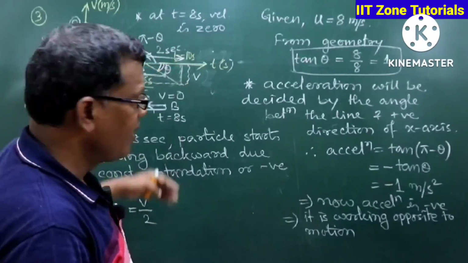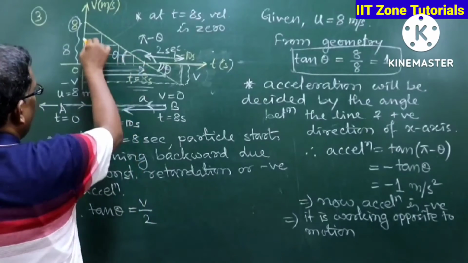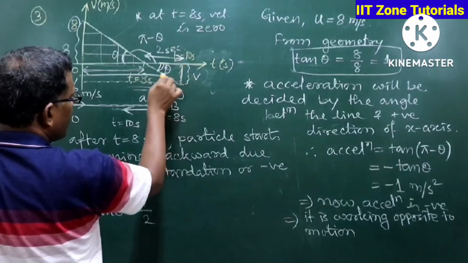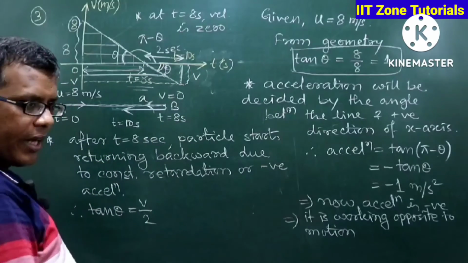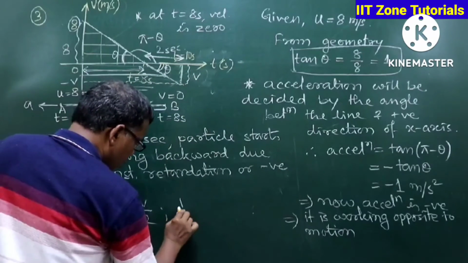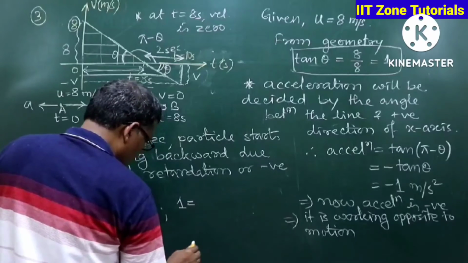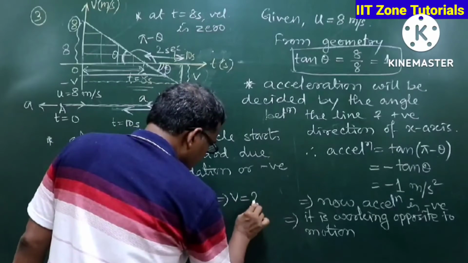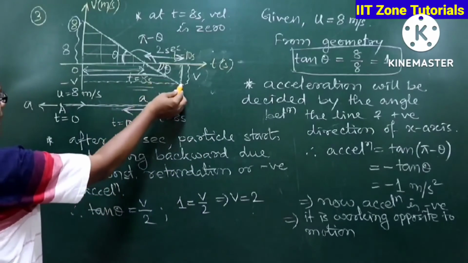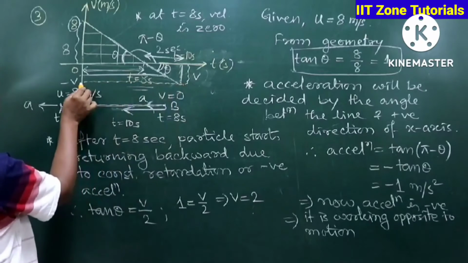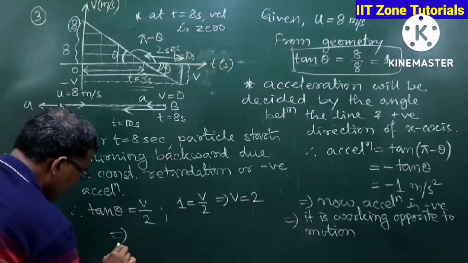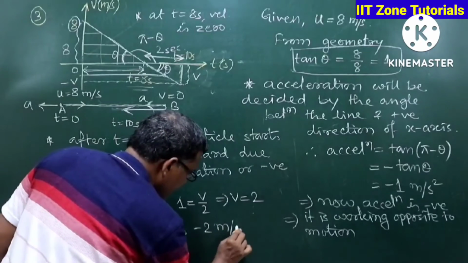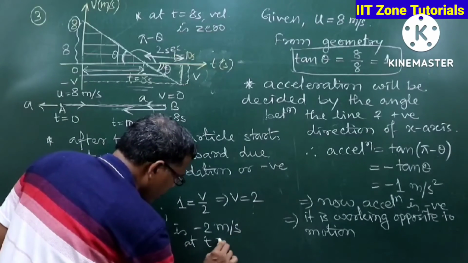Are you understanding it? Because the tan theta calculation that we got in this right angle triangle will be the same in this right angle triangle also. So here we can write the numerical value of tan theta was 1, that is V by 2. So this implies that V is magnitudinally 2, but being that it is hitting the negative portion, we will say velocity is minus 2 meter per second at t equal to 10 seconds.